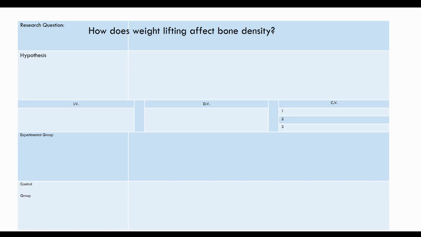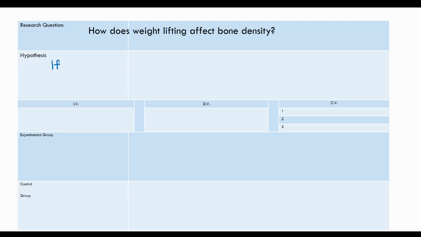Of course, usually researchers formulate their hypothesis after they have done some background research on their question, so then they have a more informed, more educated guess.